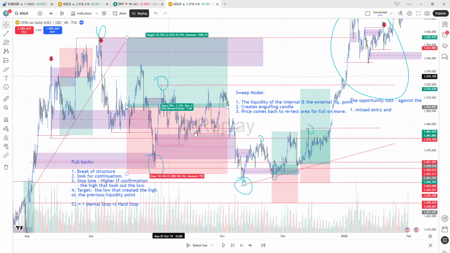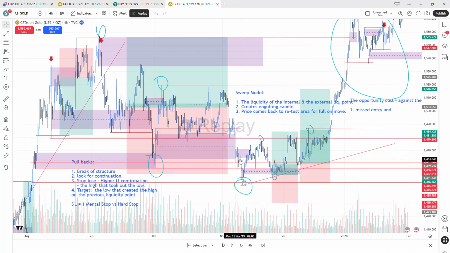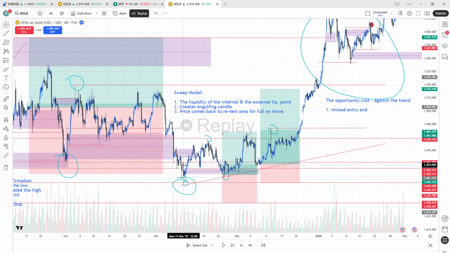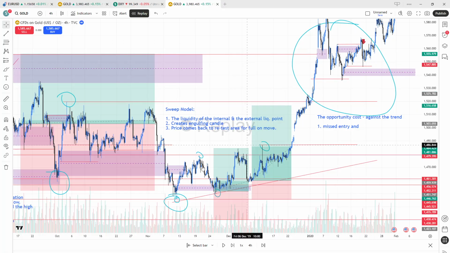So overall trend would be first, so follow trend, right? Follow the structure range, right? And then we will have this sweep model, right? The low before the highs taken out or equal low, right?